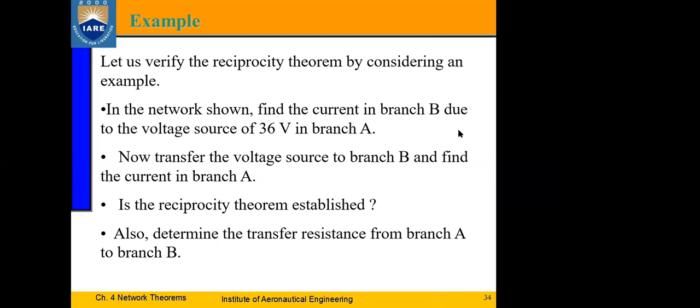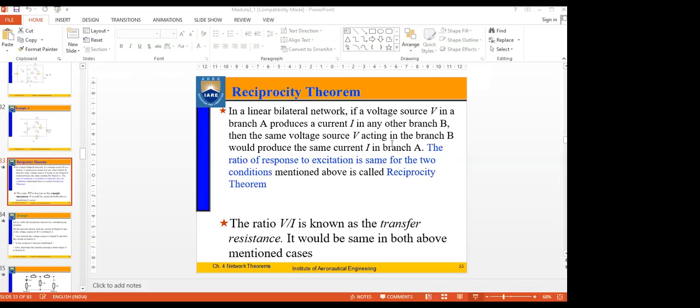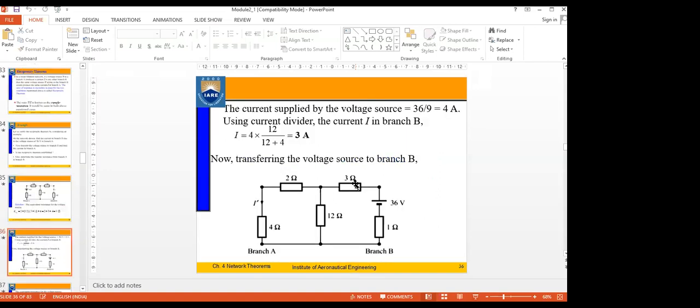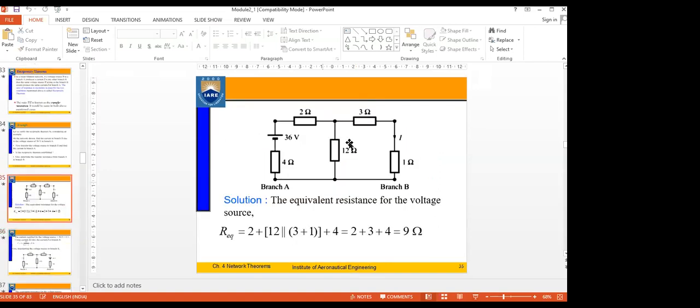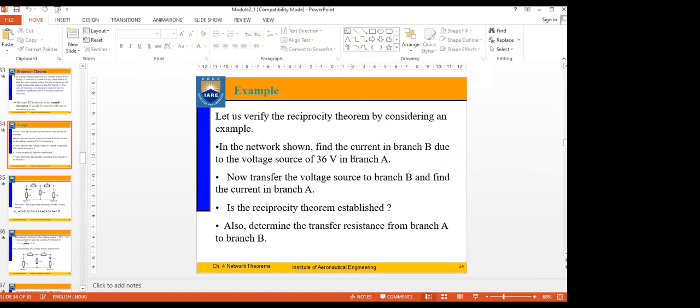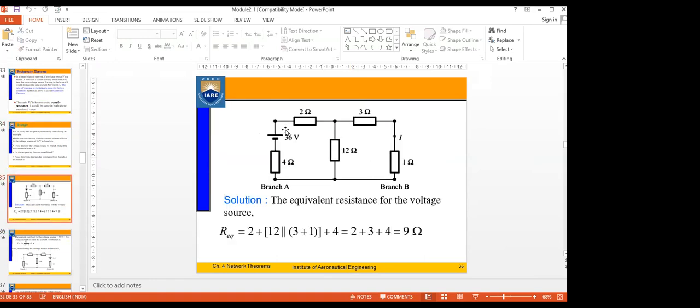First, we consider the circuit like this. Take down the circuit first. Divide your page into two, and on one side of your page draw this circuit.